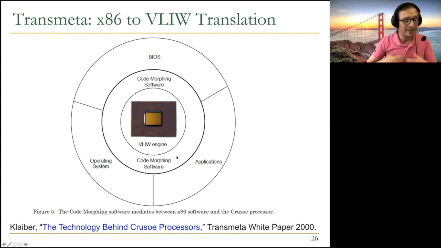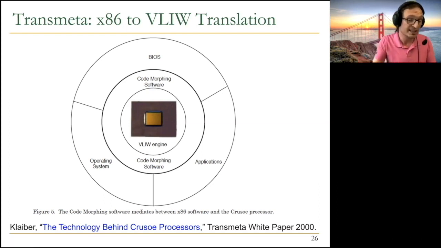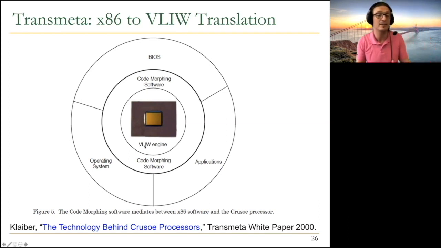And while they were trying to binary translate into their engine, they needed to do a lot of code scheduling also. And VLIW was a very good target for them because VLIW simplifies their hardware, which enables them to build very nice hardware, and also at the same time take advantage of the binary translation mechanism to do code scheduling.